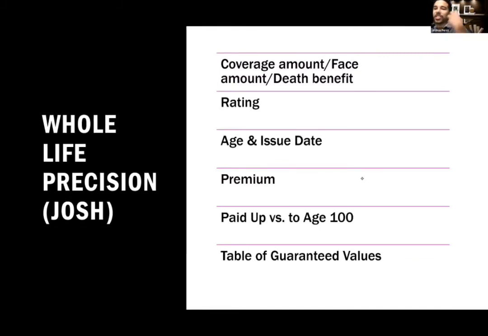Just a reminder as we continue: we don't learn universal and whole life so that we can go out and do it necessarily. Remember, snap, crackle, pop. You've got to be the snap that induces the crackle and the pop.